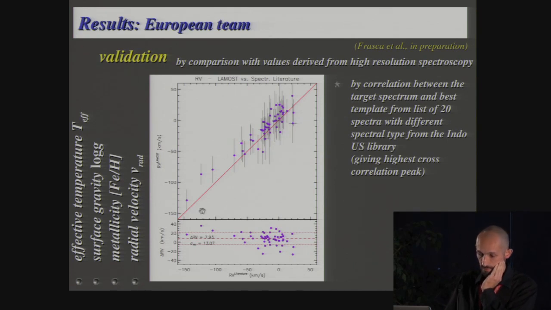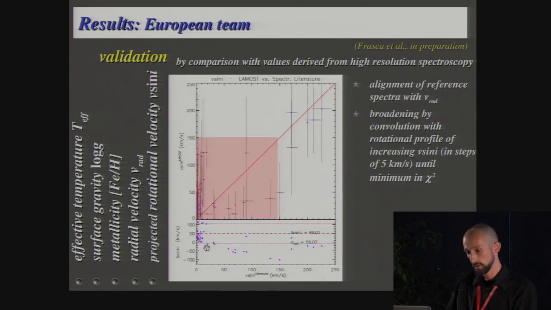And as you can see from the figure and from the comparison here below, there seems to be a mean difference of about 8 kilometers per second, and the sigma is about 13 kilometers per second. But this 13 kilometers per second is actually also the precision that the LAMOST people give for the wavelength calibration, so that is compatible.